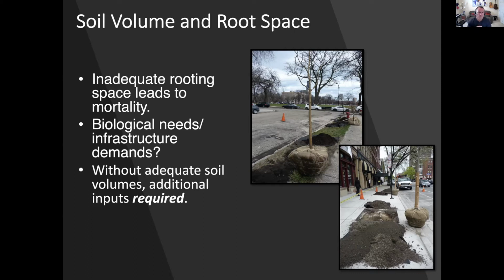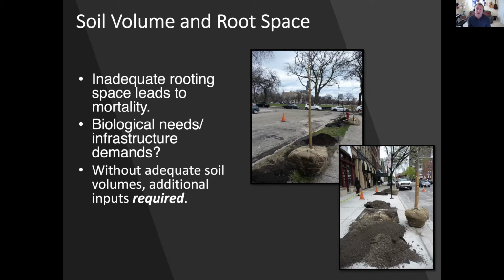So in 4 short days, that tree is going to basically have exhausted all of its water resources. And without any additional or supplemental watering, that tree is going to be drought stressed and perhaps entering that mortality spiral.